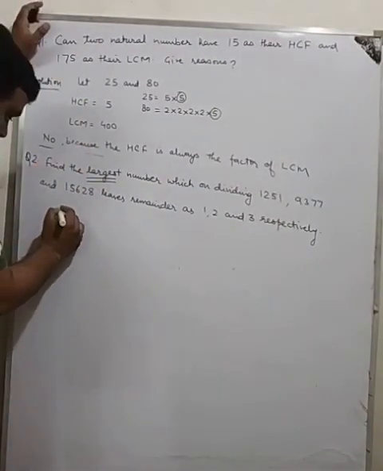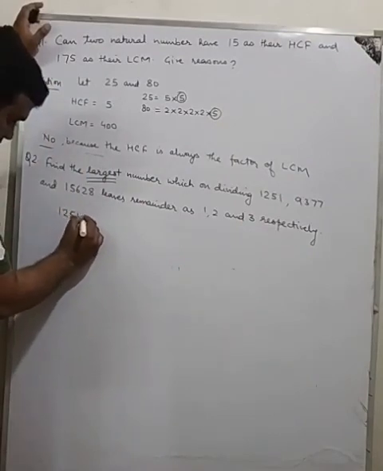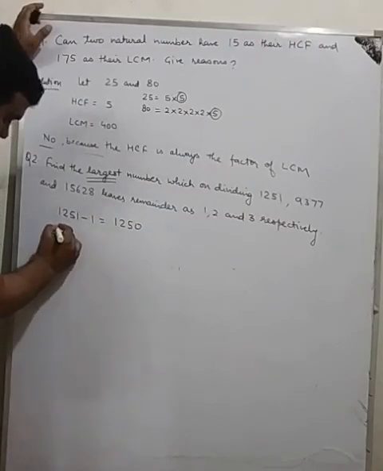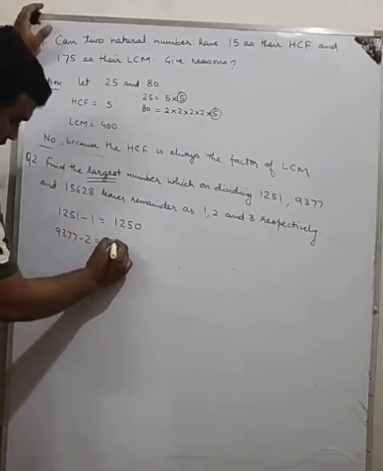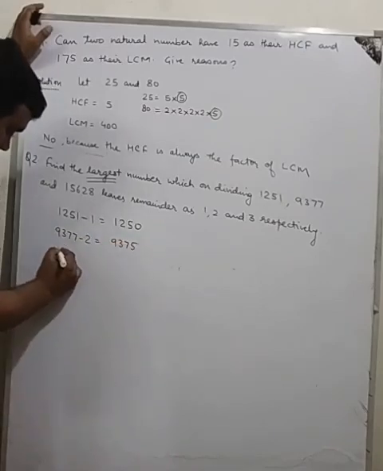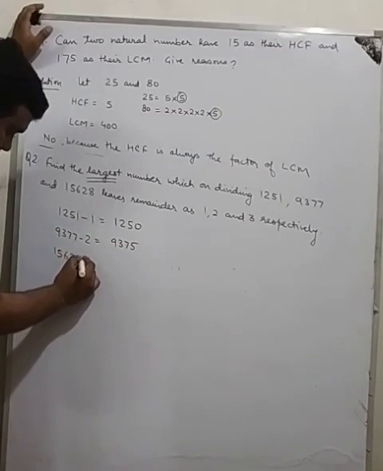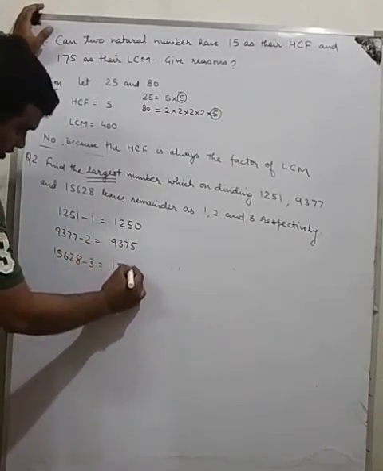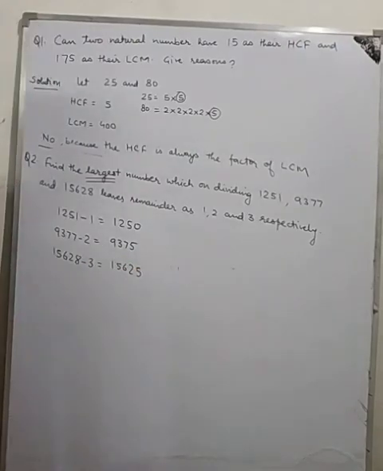So 1251 minus 1 will give us 1250. 9377 minus 2 will give us 9375, and 15628 minus 3 will give us 15625.